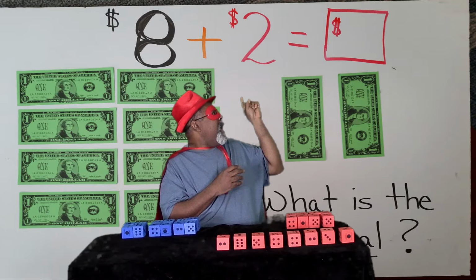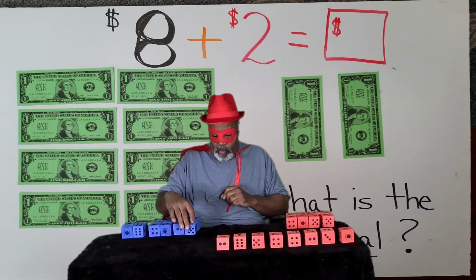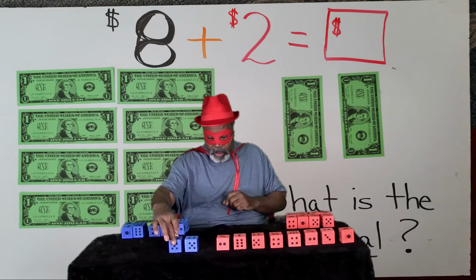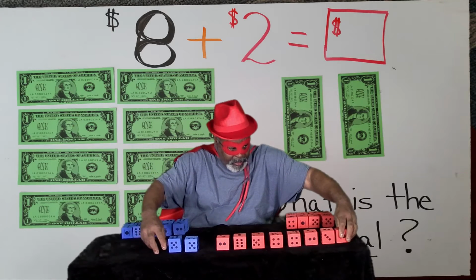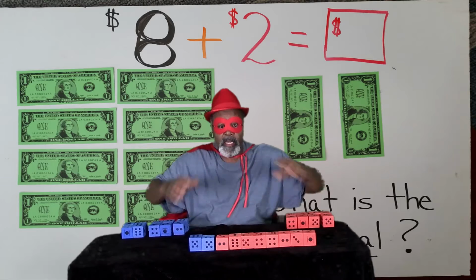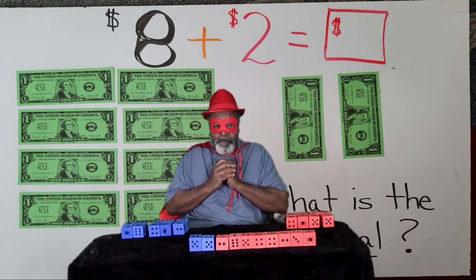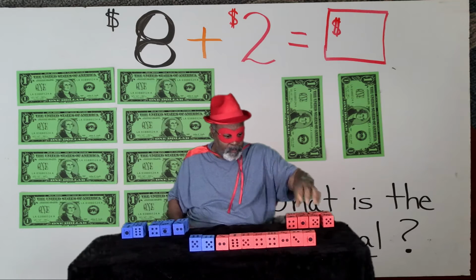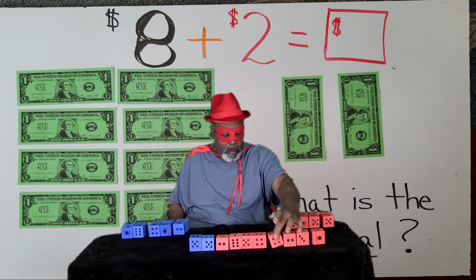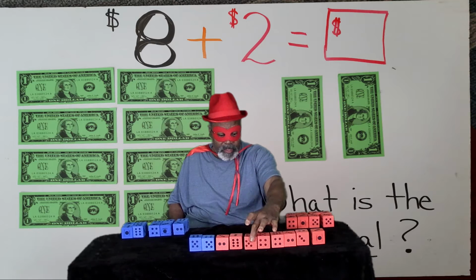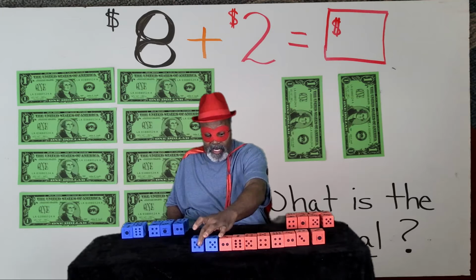Now we're going to add. That means we're going to count 2 blue dice. 1, 2. Now, in order to add, we got to put them together and find out how many dice we have all together. What is the total? Let's count. 1, 2, 3, 4, 5, 6, 7, 8, 9, and 10.